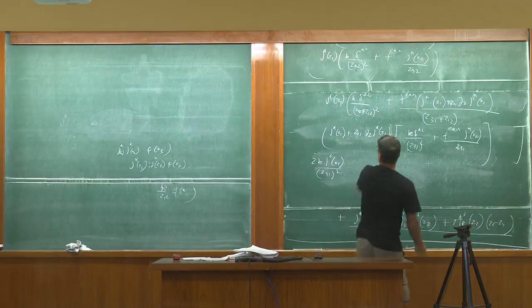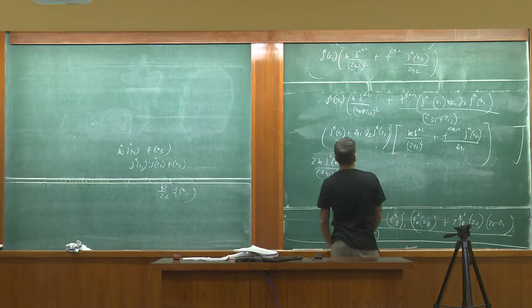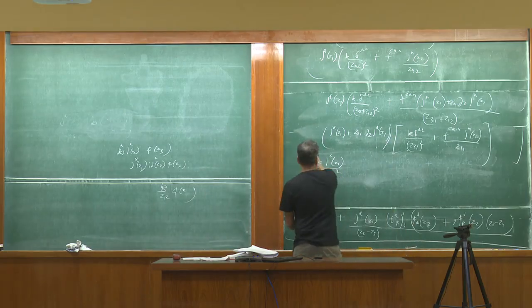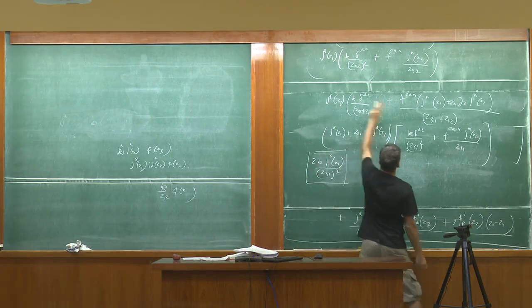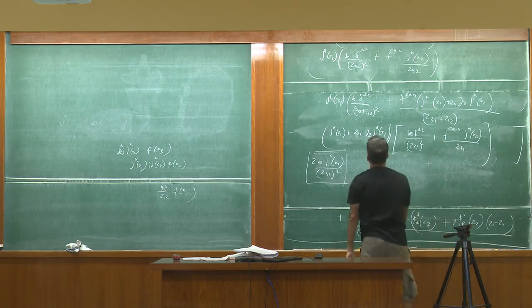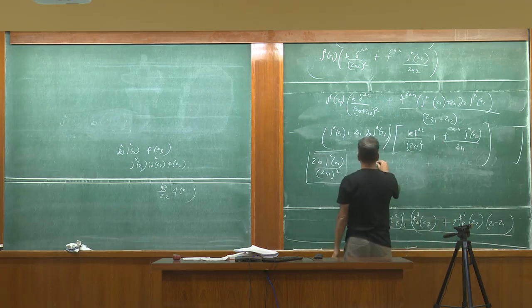Now we look at the remaining terms. So we take this J with this J. That gives us an FCAN.